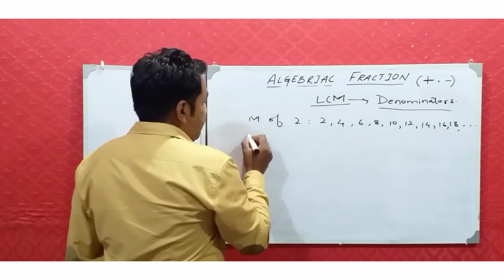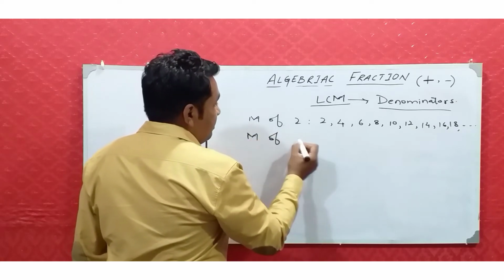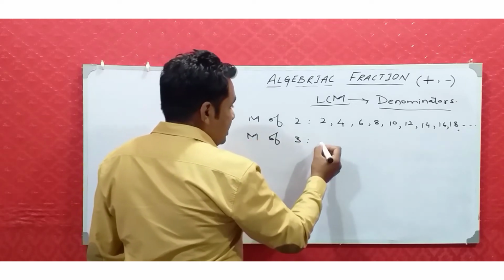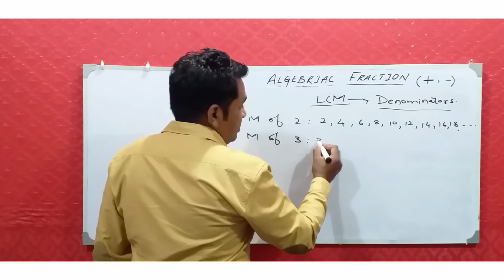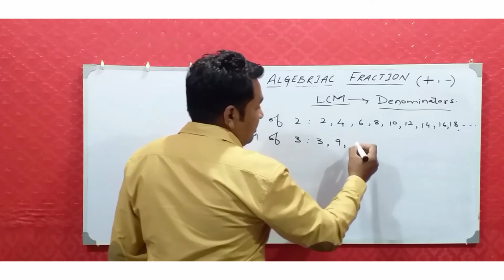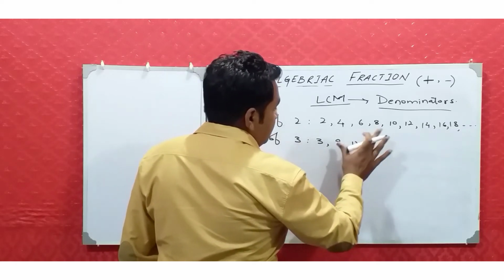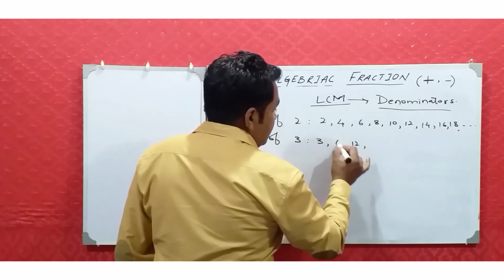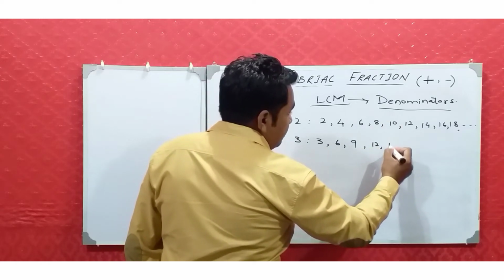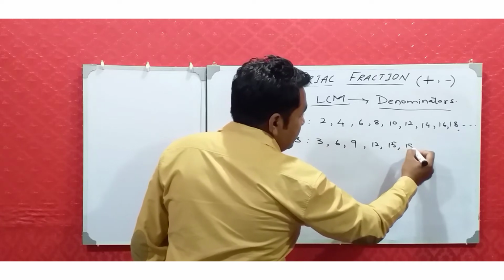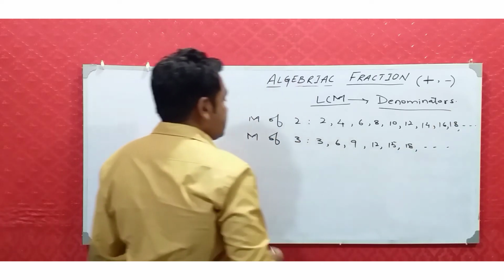In the same way, the multiples of 3. The first multiple will be 3 itself, so 3, 6, 9, 12, 15, then 18, and so on.